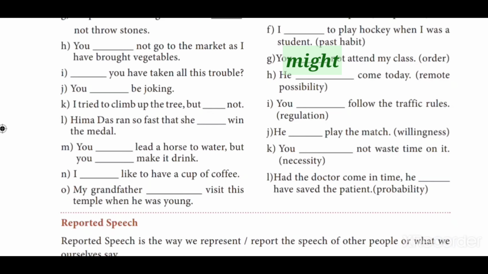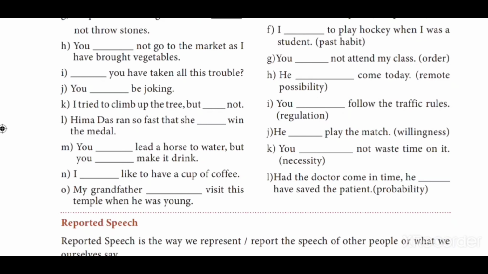Coming to the next sentence, I, you dash follow the traffic rules, and the clue is regulation. And so the answer is must. Coming to J, he dash play the match. The clue is willingness, and so you can go for will as well as would, and preferably will. So the answer is he will play the match.